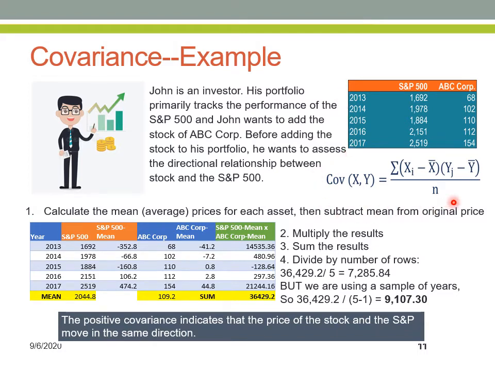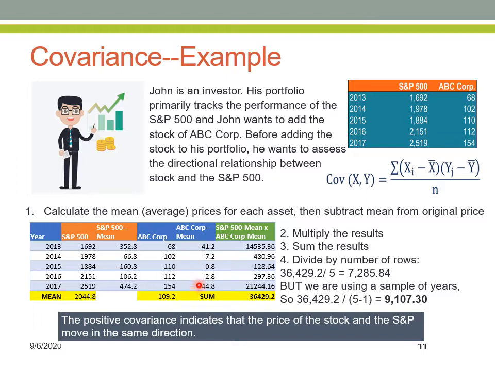Here's our covariance formula. So the first thing we do, again, is we calculate the average prices for each asset, and then we subtract the mean from the original price, just like we did with the variance. So here we go, and here is the same calculation for ABC Corporation.